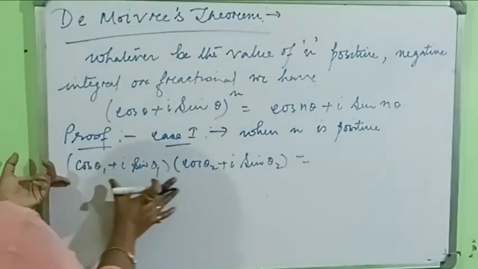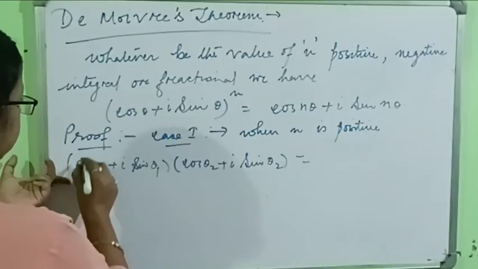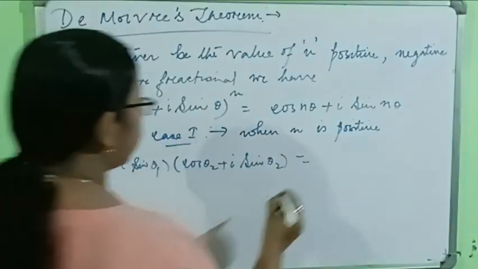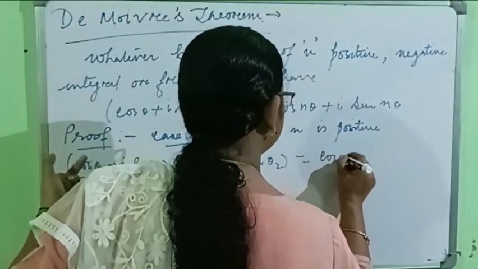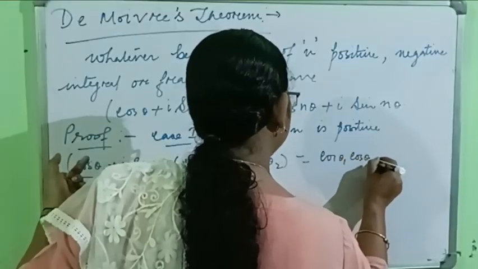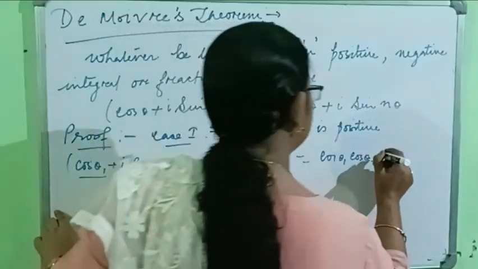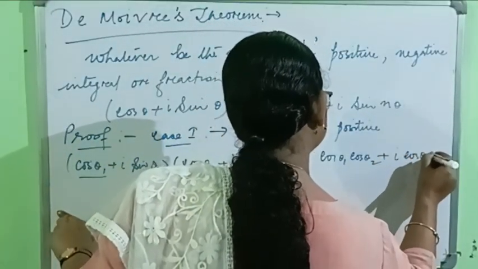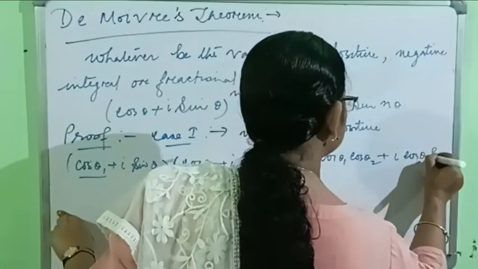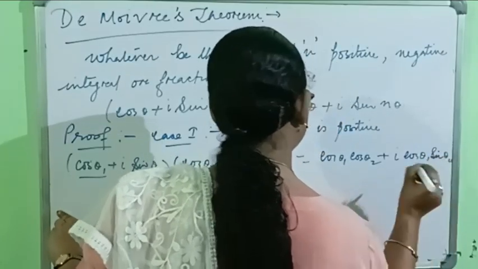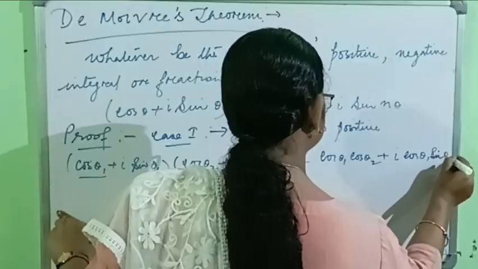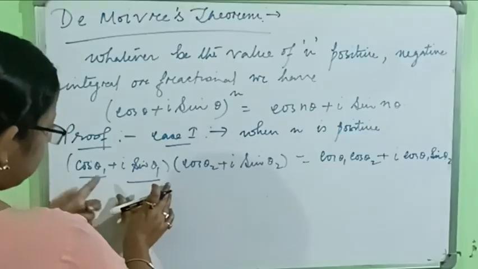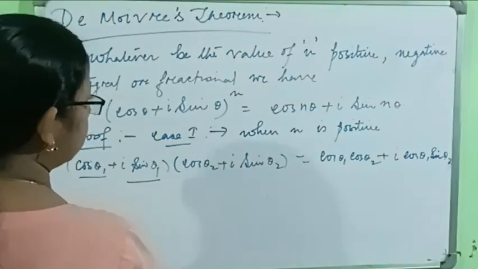Find out the product, expand this one, that is first the product of this one with this, then with this. Write cos theta 1 cos theta 2, then plus i cos theta 1 sin theta 2. Then again the product of this term with this one.